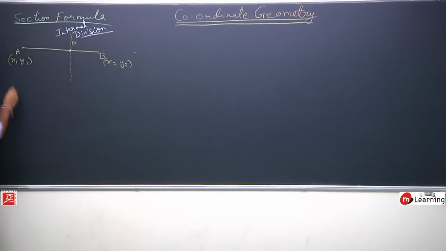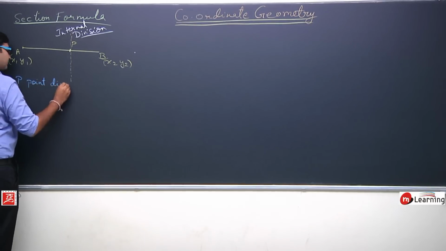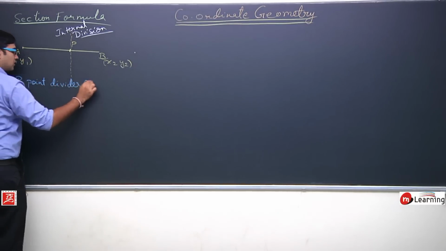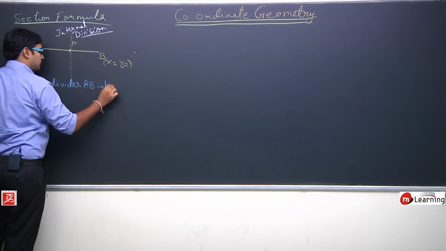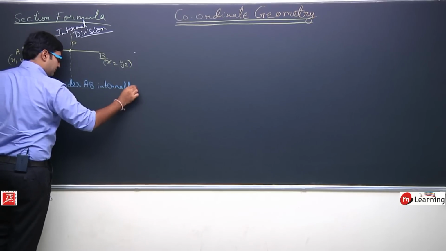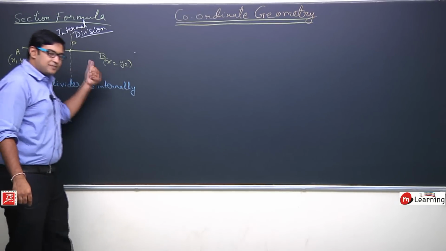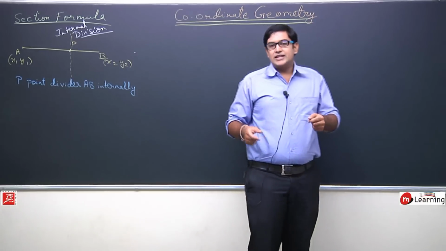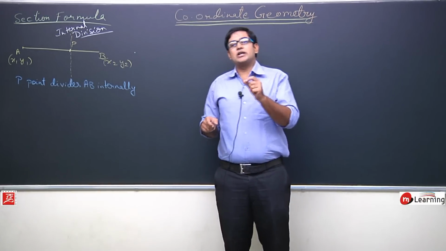So what I am saying is P divides AB internally. Now if this P point is dividing this line AB internally, then that division must be in some particular ratio.